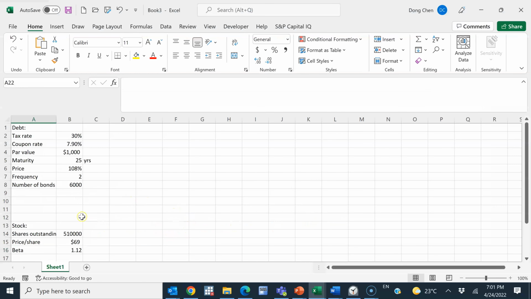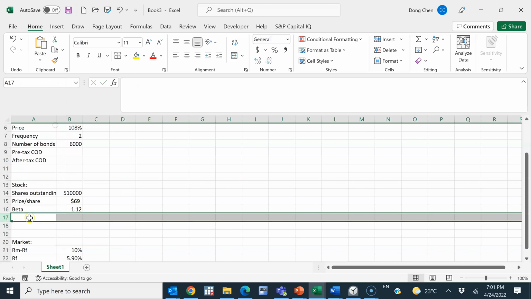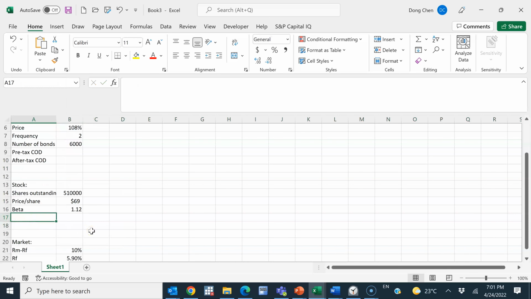So to get WACC, we first need to get the cost of capital, right? Pre-tax COD. And then we also need to get after-tax COD, right? And then we also need another row, the cost of equity.